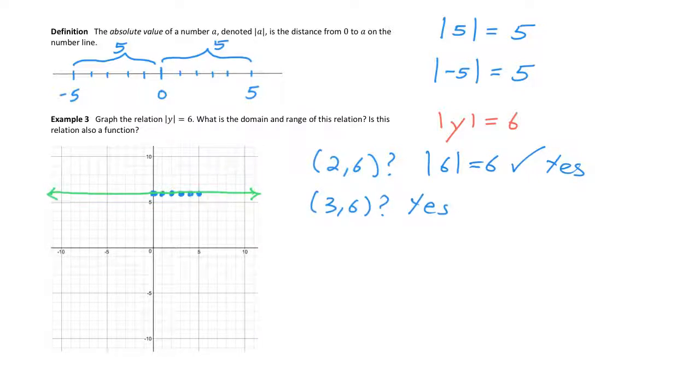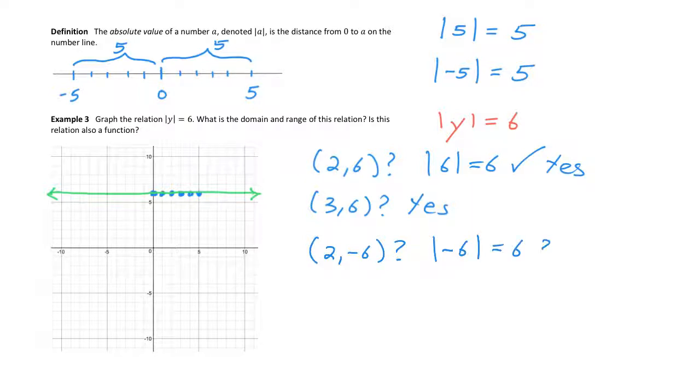But are there others? This is not the entire picture, and the reason is you can also put -6 in place of y, and the absolute value of -6 is equal to 6. So what about this point? What about 2, -6? Does this work? Well, 2 doesn't go anywhere. -6 goes in place of y.